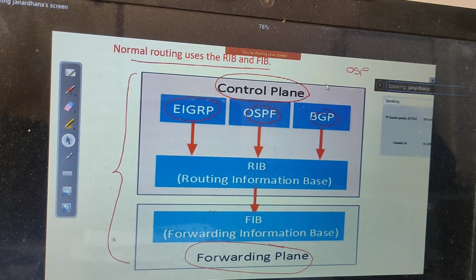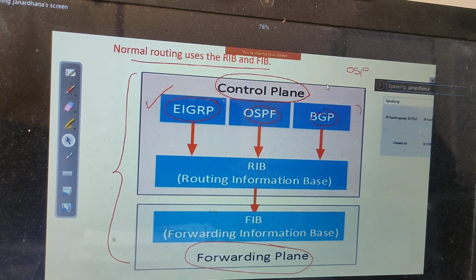These protocols, based on the metric or the administrative distances, will take some decision on which interface my packets have to be sent. It is decision making, an intelligent device.